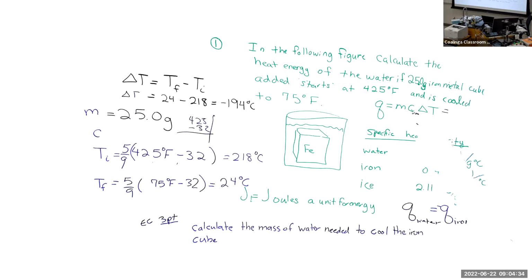So then we have 25.0 grams times 0.450 joules per gram Celsius, and then times negative 194.